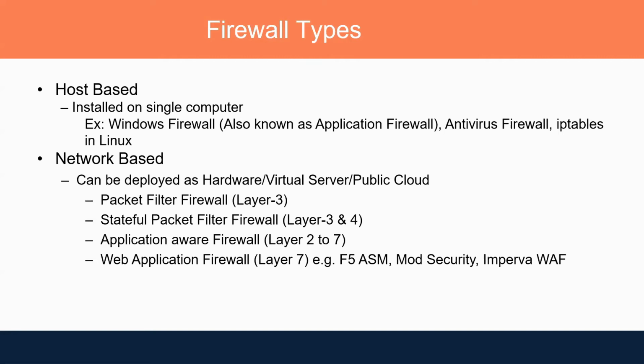Okay, the firewall works on different technology and layers. If I talk about Palo Alto, the Palo Alto firewall works on all layers of the OSI model. As you know, there are 7 layers in the OSI model.